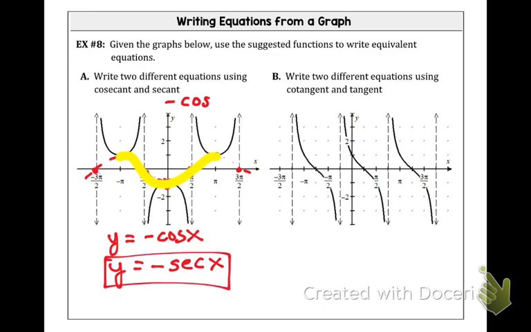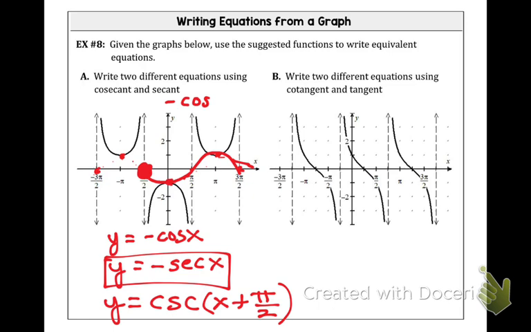What's another way we could have done this? We'd go back to our same dotted graph. I could think about this as a sine graph. I could start my sine graph here and do a phase shift to the left half a pi, so sine's reciprocal is cosecant, phase shift to the left, so plus half a pi.